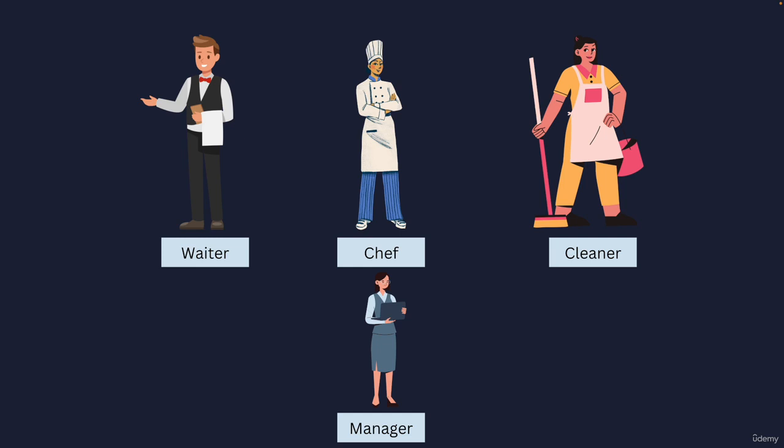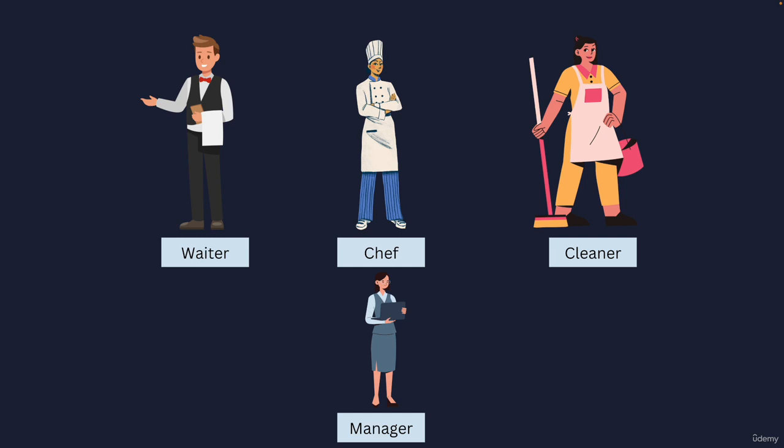You don't want to be the waiter, chef, cleaner, manager, all that stuff, right? So in this case, we've got a few people. And each one of these people is an element of the restaurant. These are the people who make the restaurant a reality, so these are the objects of the restaurant.